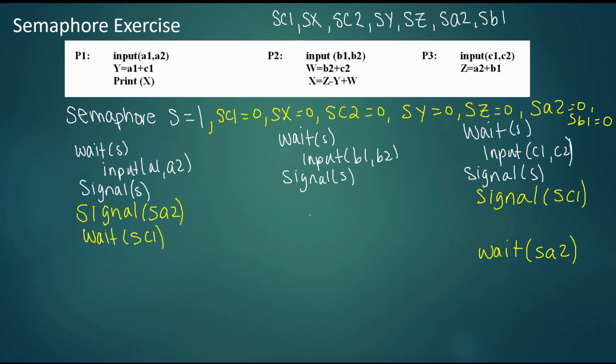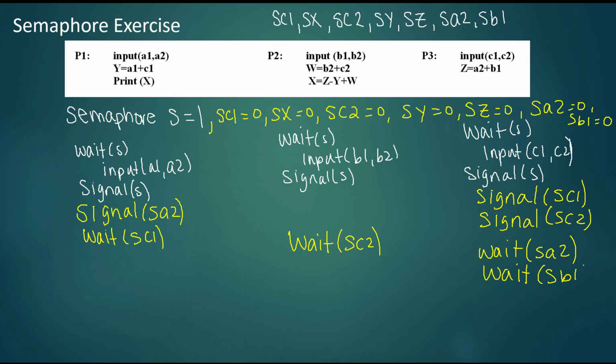Now also P2 has a wait for SC2. So we have another signal here for SC2. And P3 has a wait for SB1.